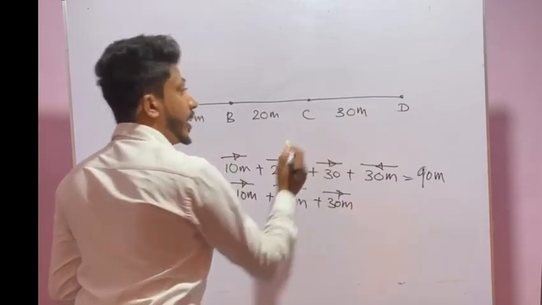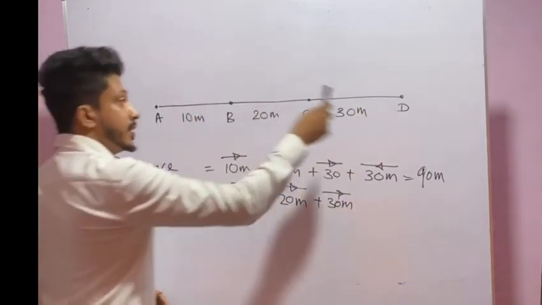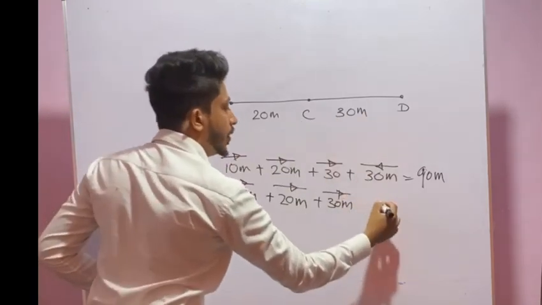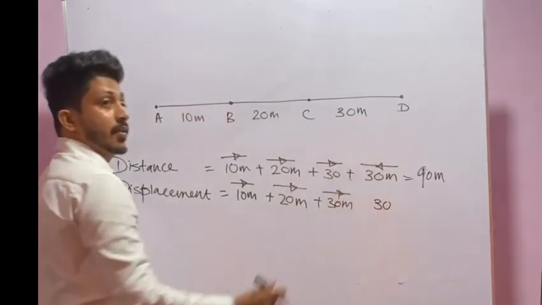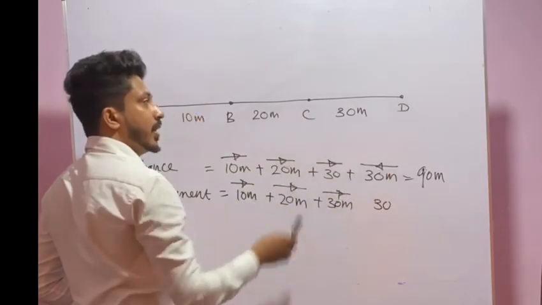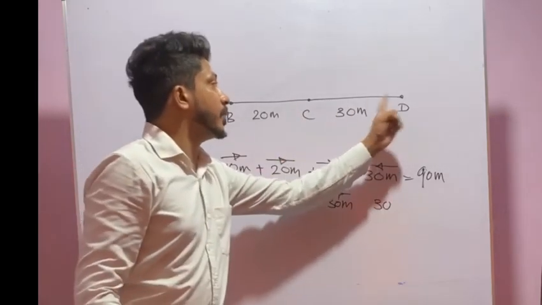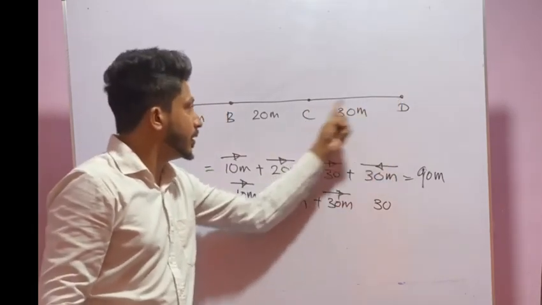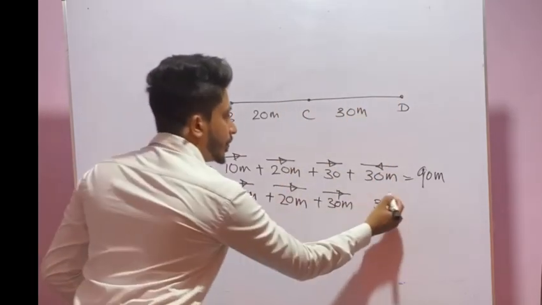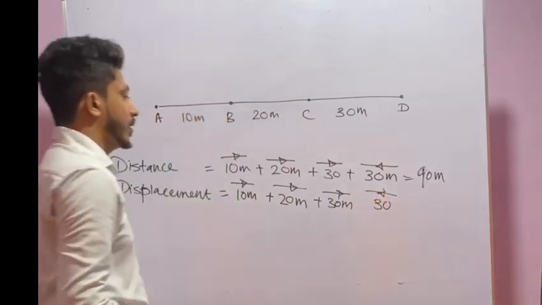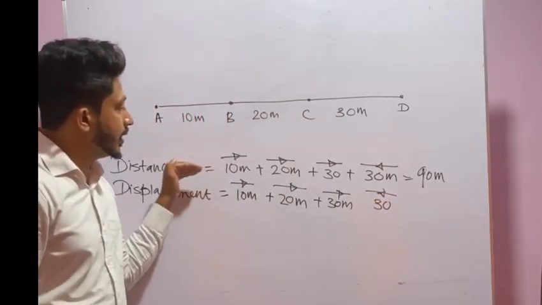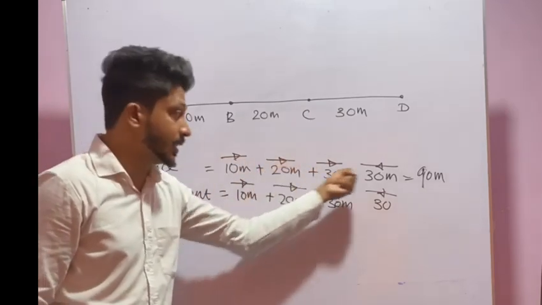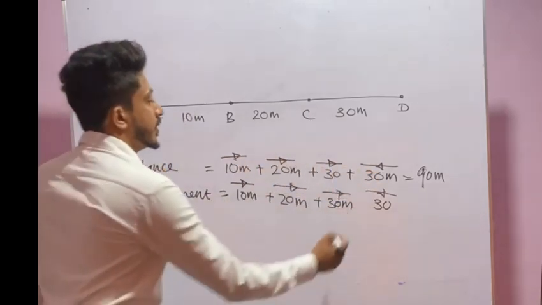Then D to C. If you consider D to C, what is the start position? D. End position? C. What is the straight line distance between the two positions? 30. What is the direction? D to C, because he has again come to C from D. Because of that, the direction is this one. Okay. If you consider this direction as plus, you have to consider this direction as minus.